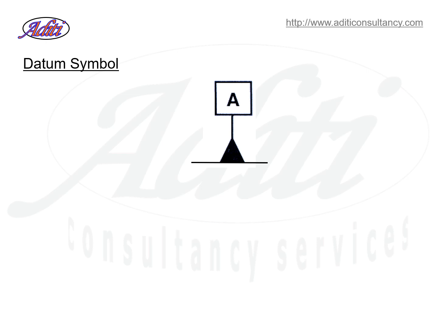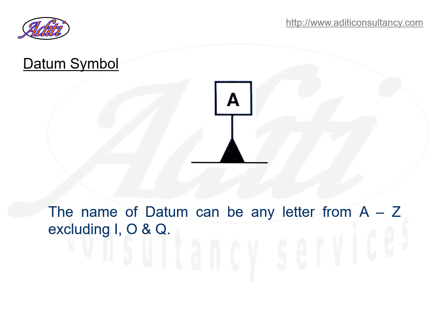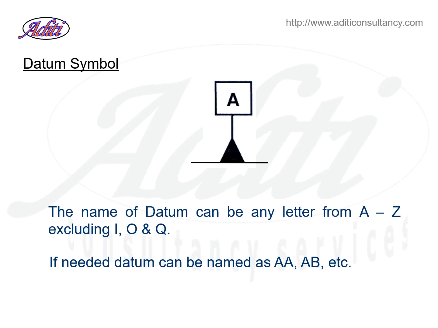This letter A is the name of the datum. Now the name of the datum can be any letter from A to Z excluding I, O, Q. Now if you have to create more number of datums and if you have exhausted all these individual letters, then you can go for combination of letters like this, A, B, etc.